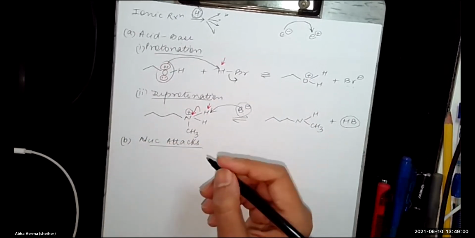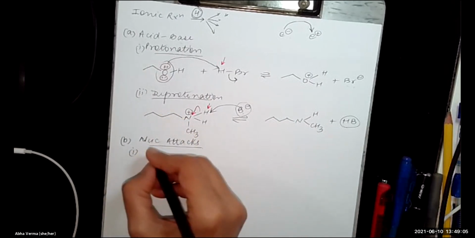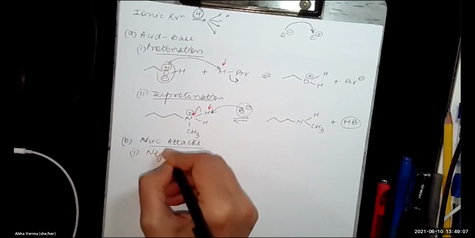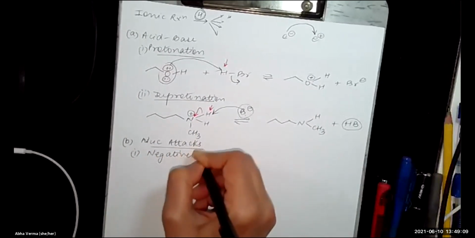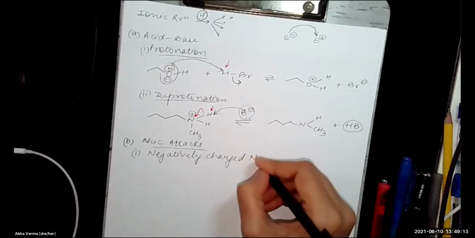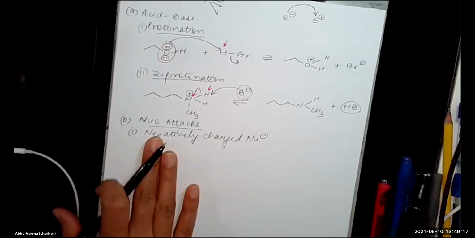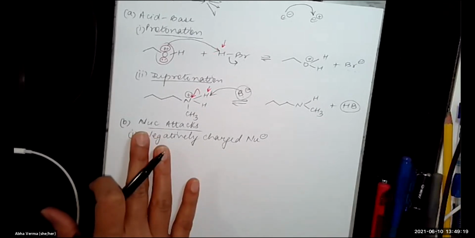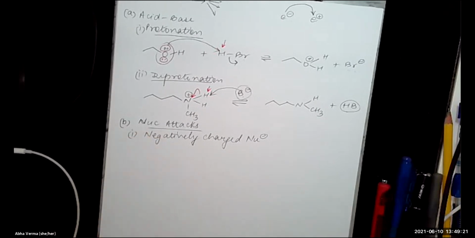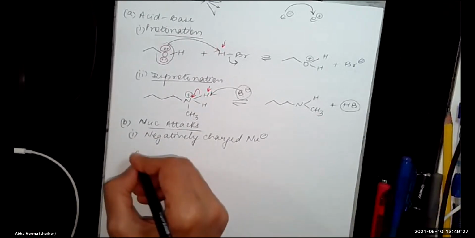Now, nucleophilic attacks can be done by two methods. By a negatively charged nucleophile, which are the strong nucleophiles, and then we have the weak nucleophiles, which are neutral nucleophiles. So what happens in a nucleophilic attack? Let's see.